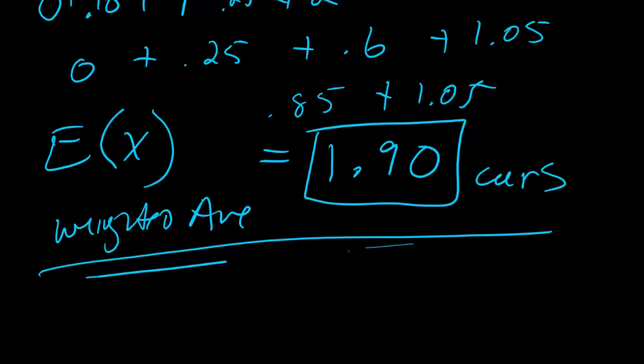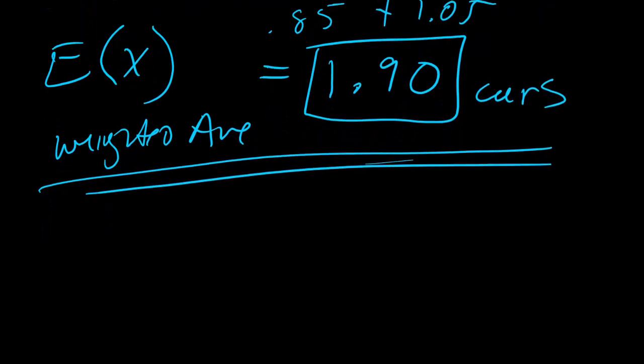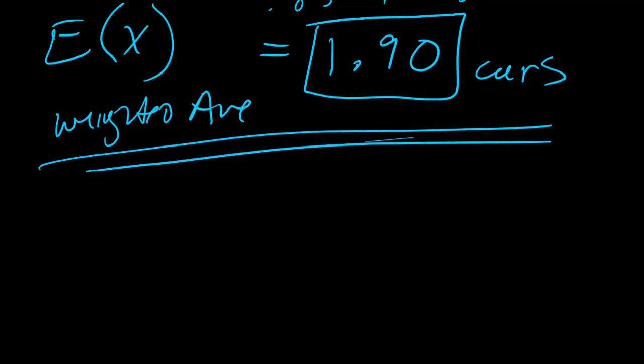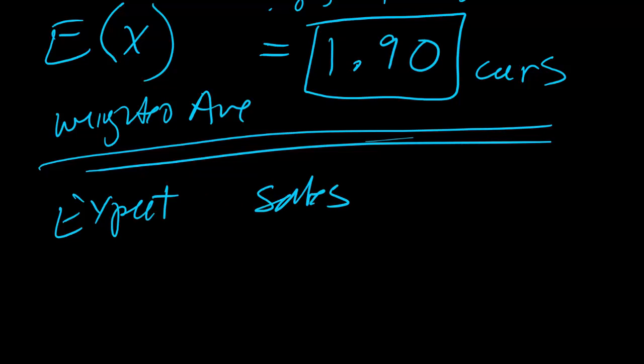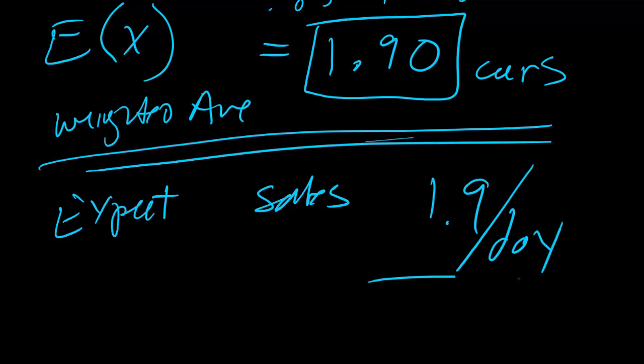What does that really mean? As a future manager, as a future car sales manager, you can do this for almost any business environment. You should have the expectation that your sales team, or in this case yourself, should sell on average 1.9 cars per day. That's all that expected average really is.